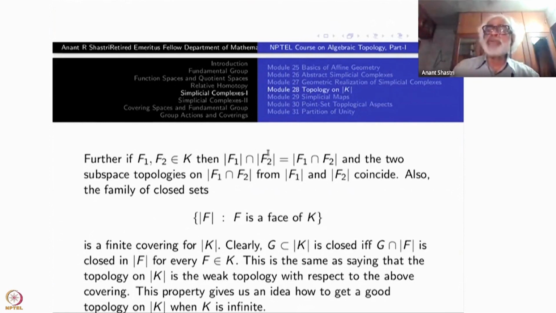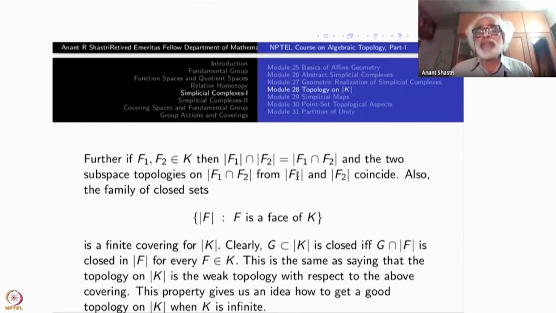Those which have support inside F1 and those which have support inside F2, if F1 and F2 are disjoint, there cannot be any such element. They will be totally distinct. But suppose this is non-empty, then it is a simplex. This is a face of both of them, contained in both F1 and F2.